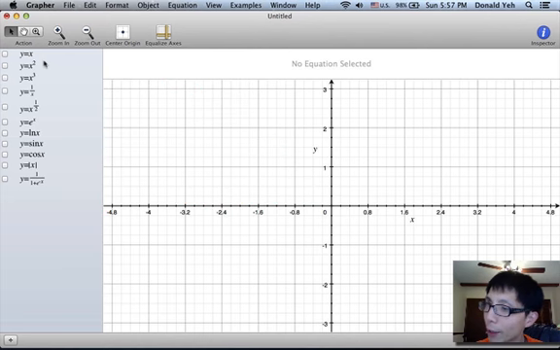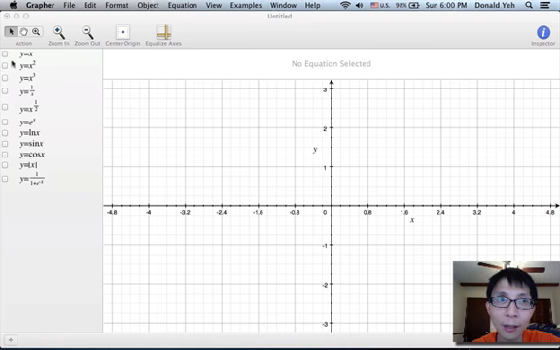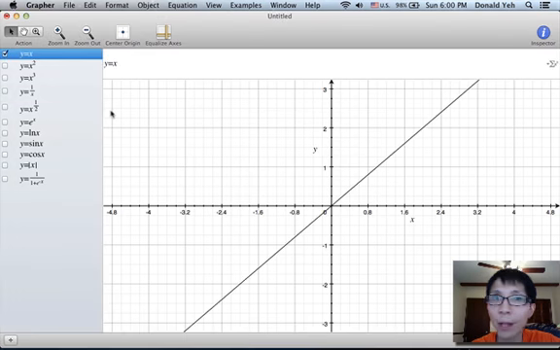So now let's start with the first graph. The first graph is y equal to x. And what is the y equal to x graph?